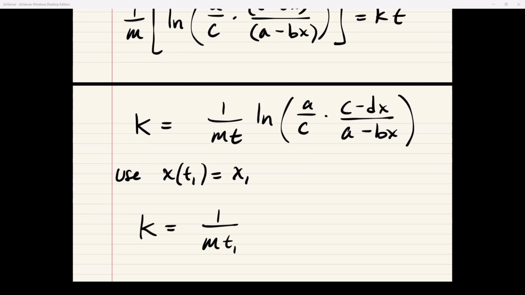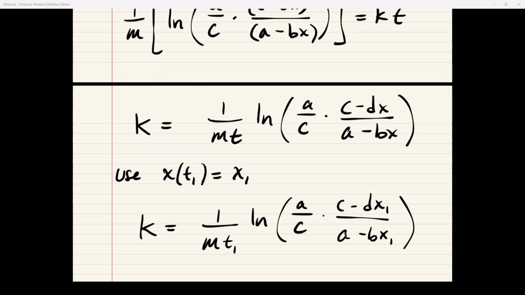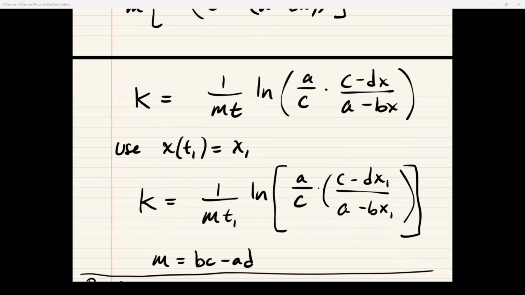That would be times ln of A over C, all parameters of the given original differential equation, times (C minus D times the x1) over (A minus B times the x1), x1 being the amount of chemical C at some future time. So that would be the k value in general. Maybe you want to rewrite the expression for k in that way. And of course, keep in mind that m is defined as B times C minus A times D.